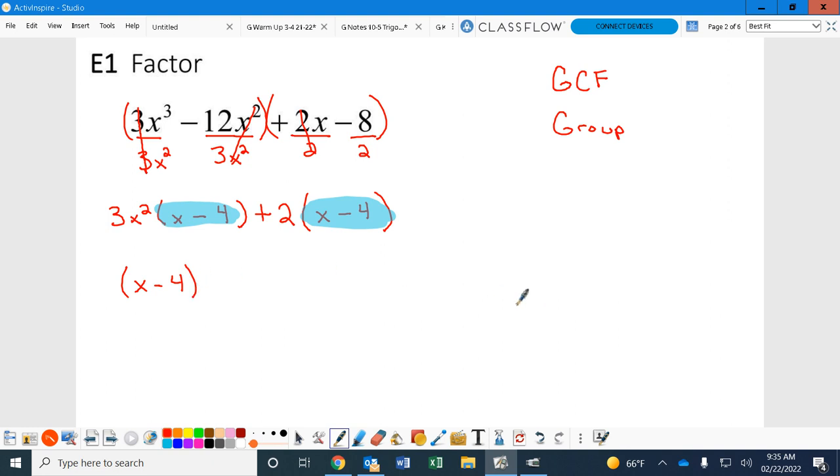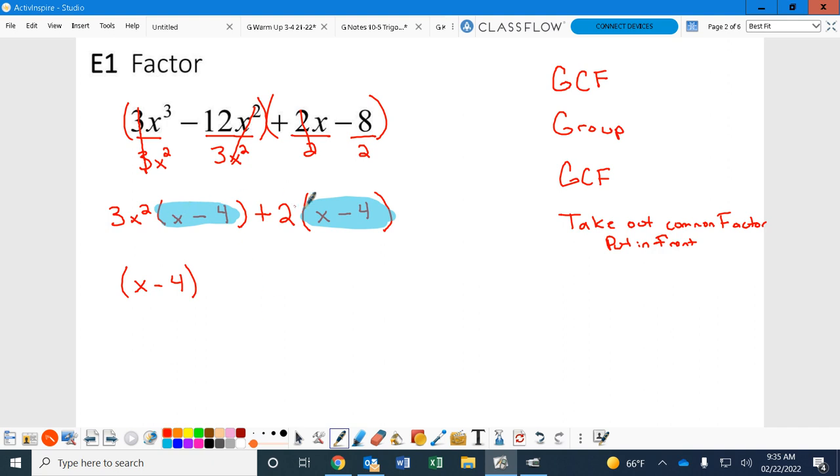So step 3, once you've taken the group, we did our GCF again for each piece. And then the next thing is going to be to take out the common factor and put it in front.